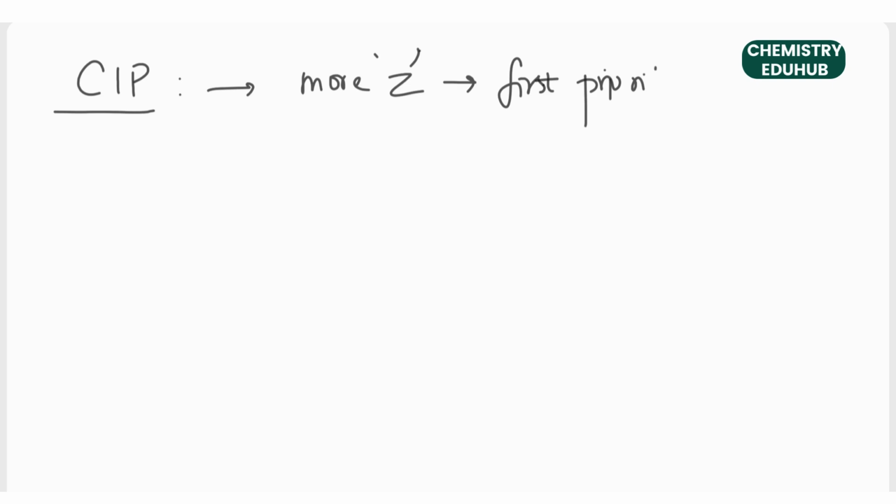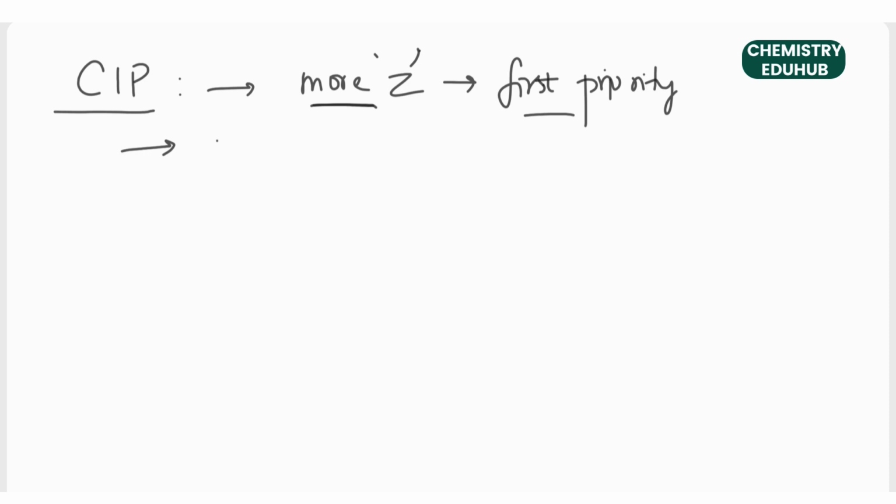Let us look at the CIP rules in detail. The CIP rule says that the atom with more atomic number should be given the first priority, or first number. Then the atom with low Z should be given the low priority, or the second number.